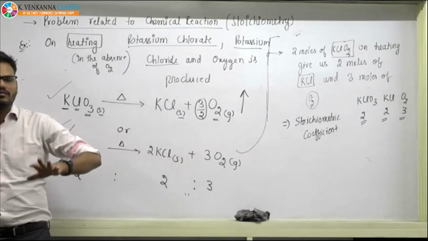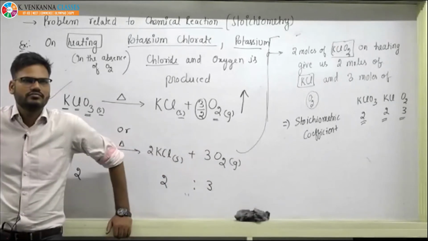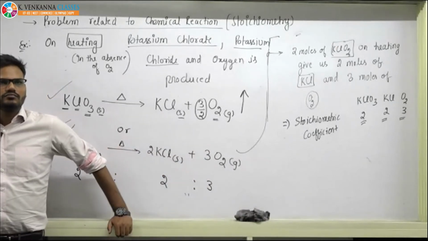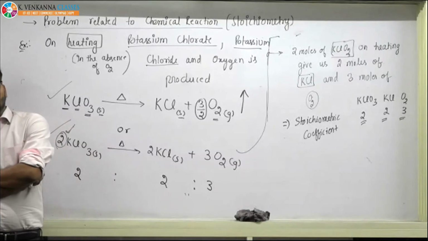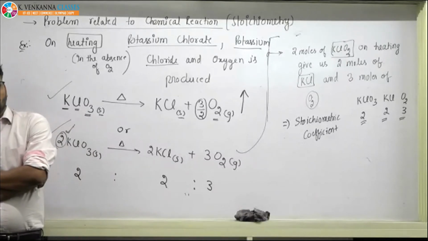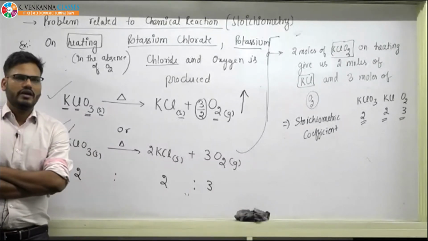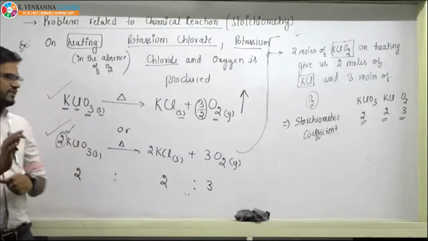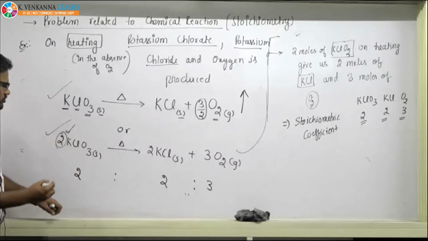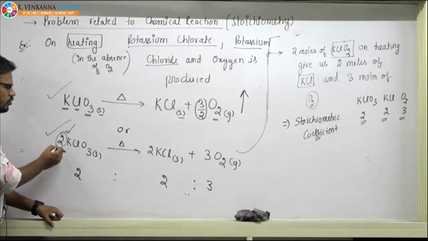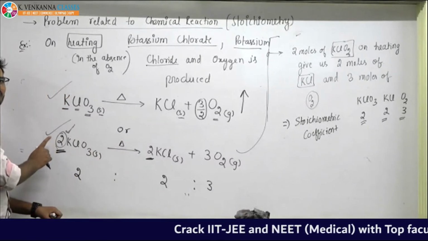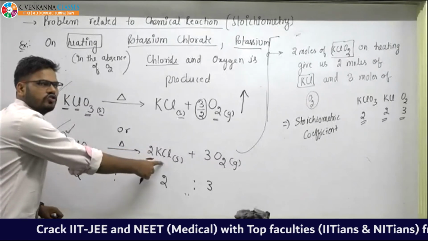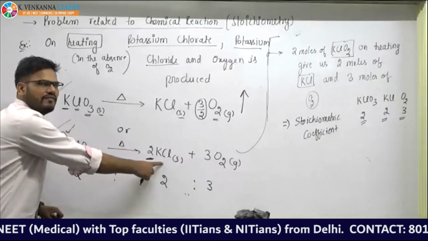Is it okay, beta? Or shall I repeat it? Tell me, I am waiting for your response. Okay, fine, clear. I am just telling you, you just see the ratio. If it is 2, then this is also 2. If this is half, then this will also be half. You have to derive a relation.